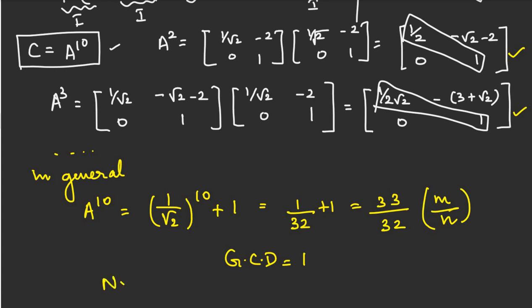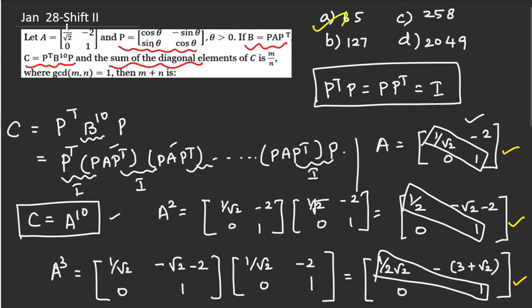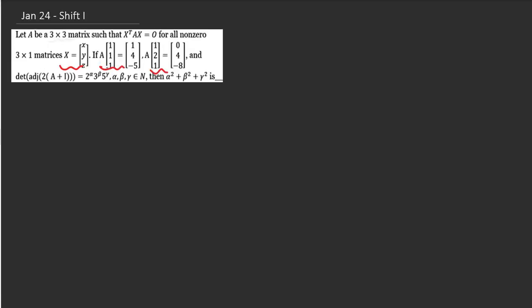Now we can compare and tell m is equal to 33 and n is equal to 32, and therefore m plus n will be equal to 33 plus 32, which is equal to 65. Answer is 65.